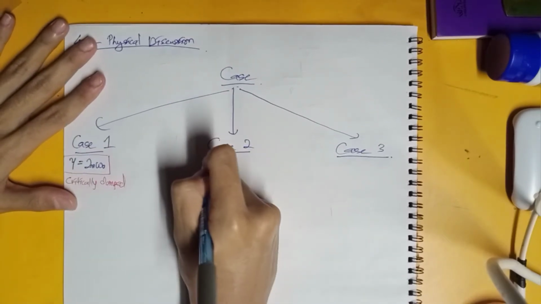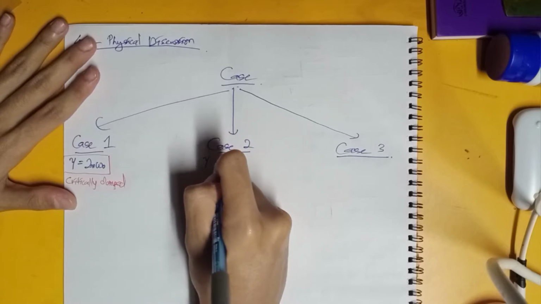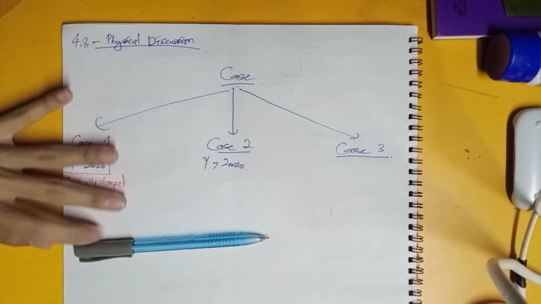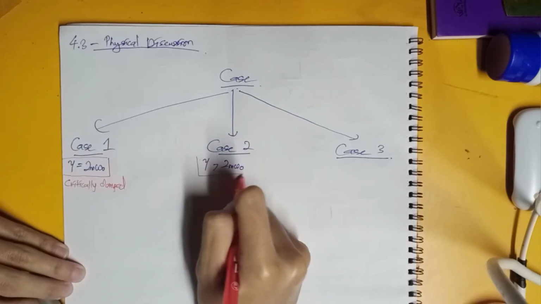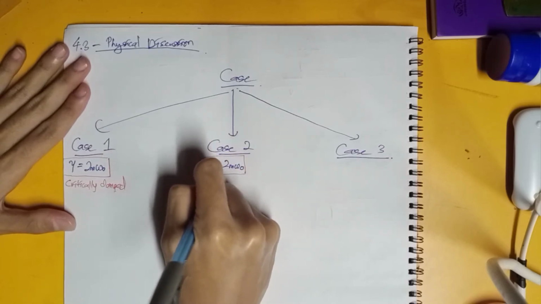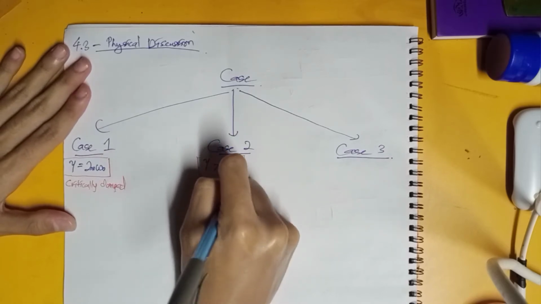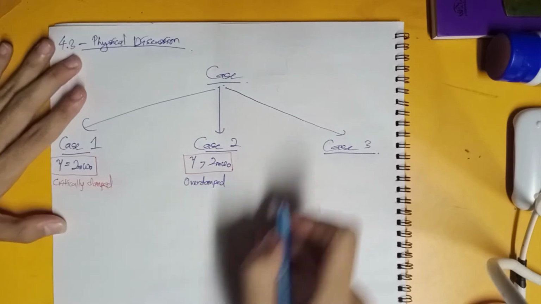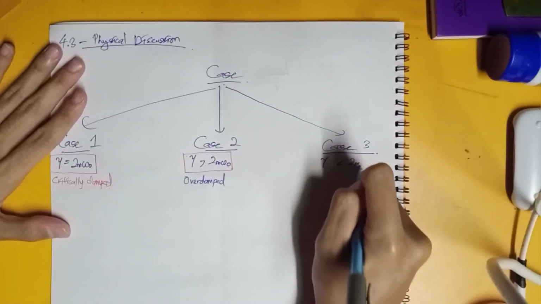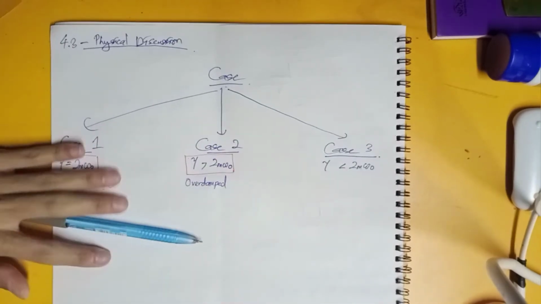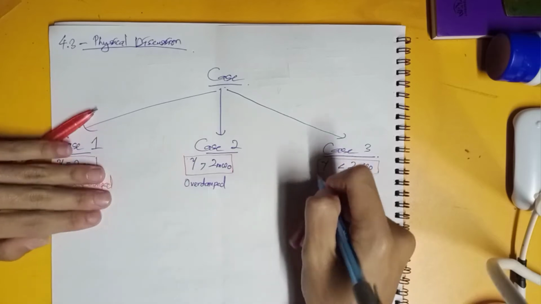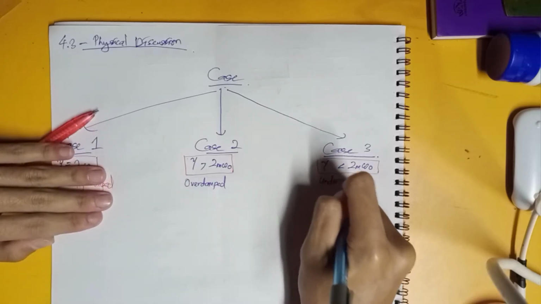We know that γ is more than 2mω₀, right? So that means this case is overdamped. Now for the last case, we know that γ is less than 2mω₀, which means that this case is underdamped.